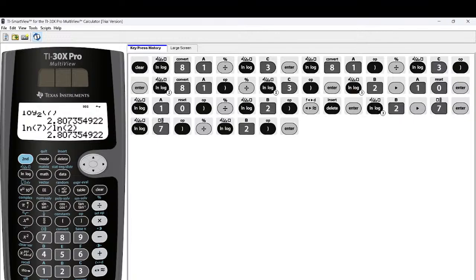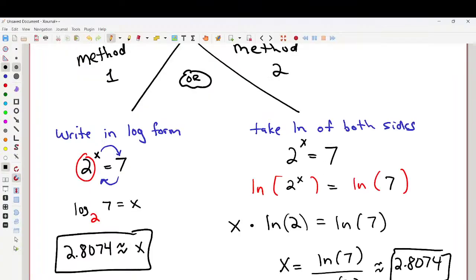It leads to the same answer. ln 7 divided by ln 2. Do you need to know both methods? Not really. In a way, this is the stronger one. In another example, I'll show you why. Although I do like method 1 because when it works, it's just pretty clean. Write it in log form and throw it in a calculator.